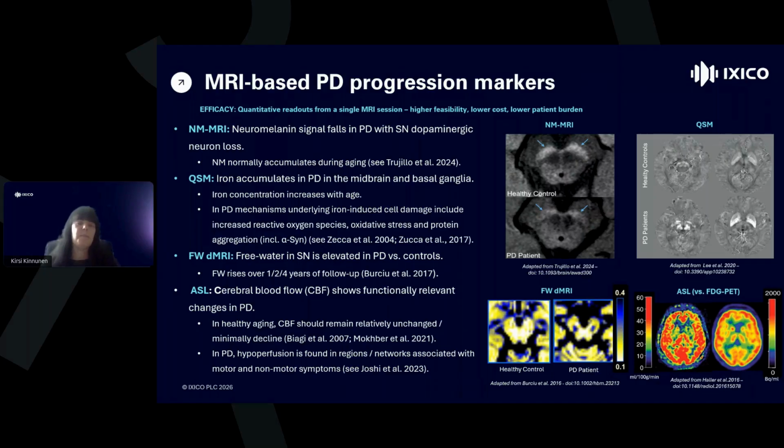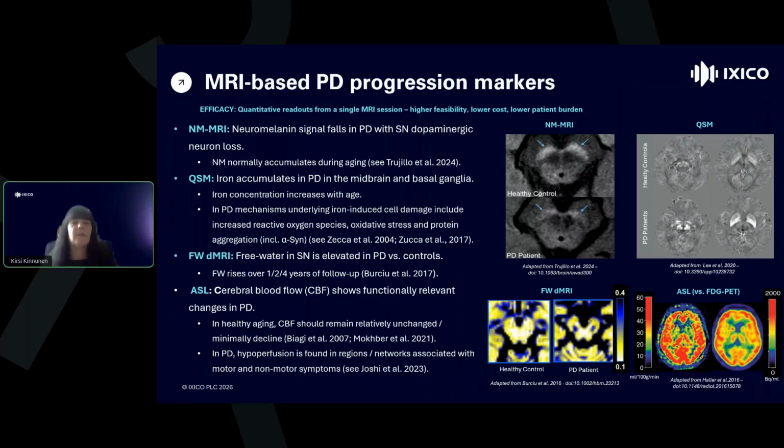frontal gyri. Studies have shown that ASL has the potential to predict motor progression in Parkinson's disease, and also that cerebral blood flow changes relatively little due to normal aging between the ages of 20 and around 80.